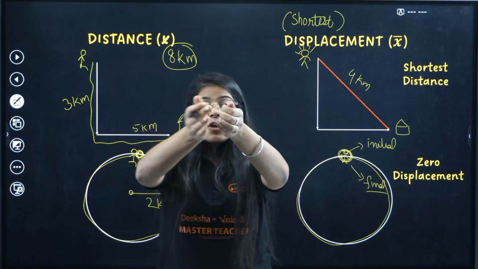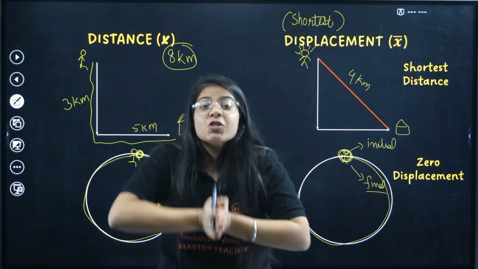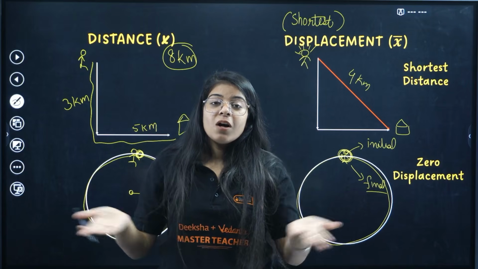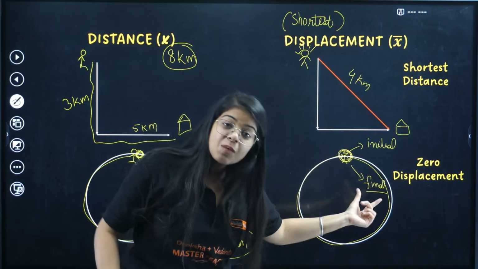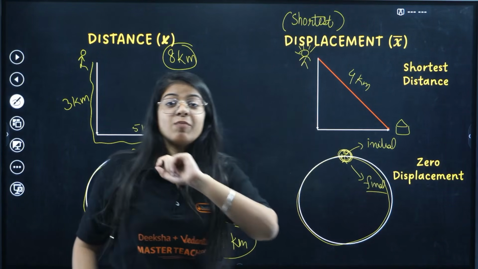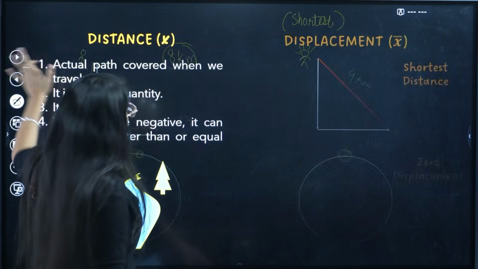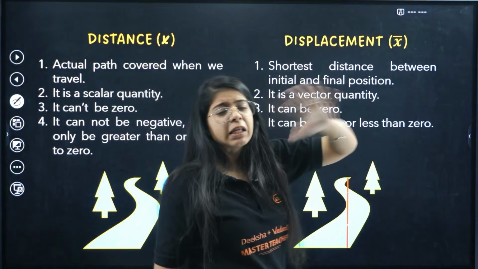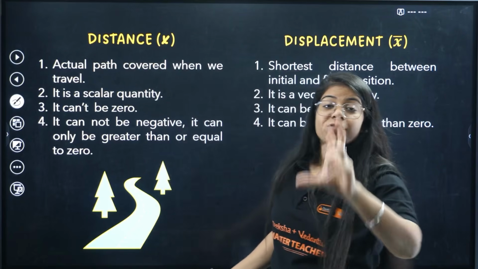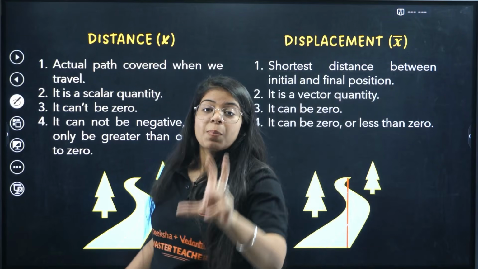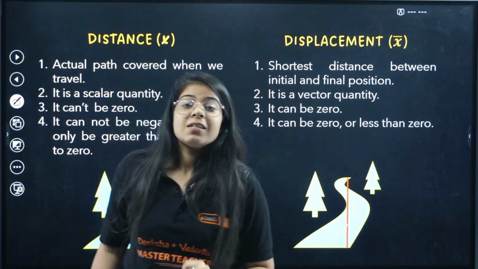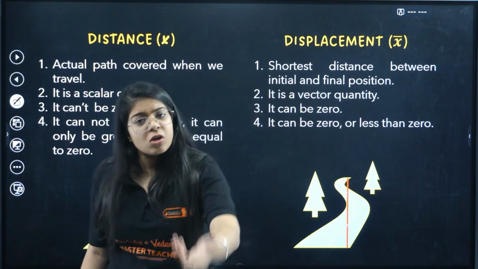Both your initial point and final point merged. So what is the shortest distance between them? Shortest path between them? 0. Nothing, because they are at the same point. So that's how your displacement can be 0. If you start at a point and you come back at the same point after running even all the distance, but your final and initial position is the same, that means displacement is 0.